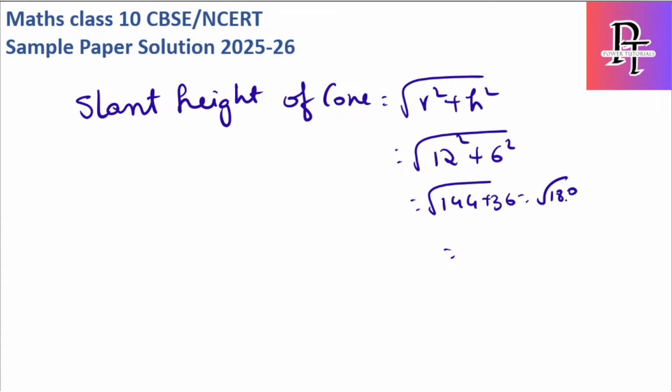If I take 4 into 5, so this becomes 9 into 4 into 5, and 6 root 5. How did I get 6 root 5? Because 180 I can write as 9 into 4 into 5. So the square root of 9 is 3, the square root of 4 is 2, 3 twos are 6, and the remaining is root 5. So we got the slant height, and this will carry at least half a mark.